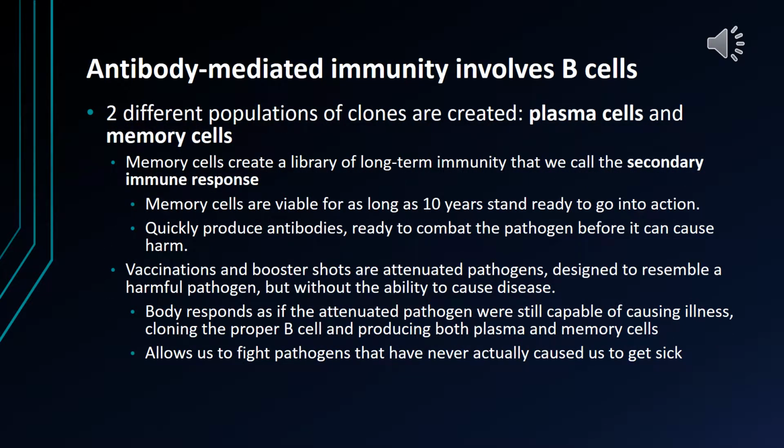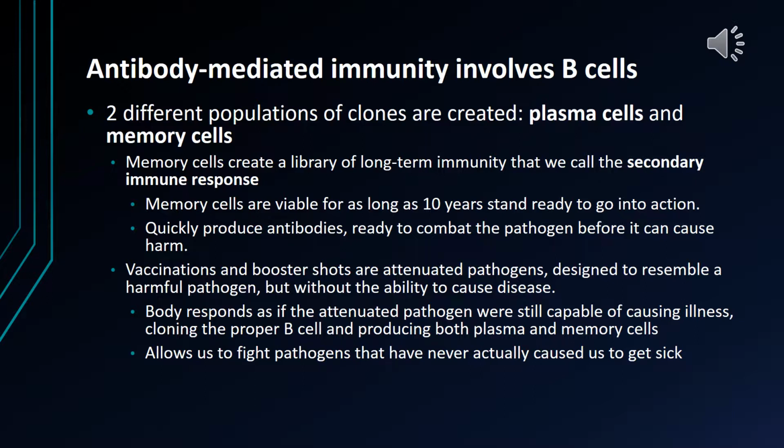So now that the plasma cells have all undergone apoptosis and died because the antigen threat has been destroyed, how do we ensure that if we're attacked by the same type of pathogen again, we'll be prepared to fight it and don't have to go through this whole process a second time?